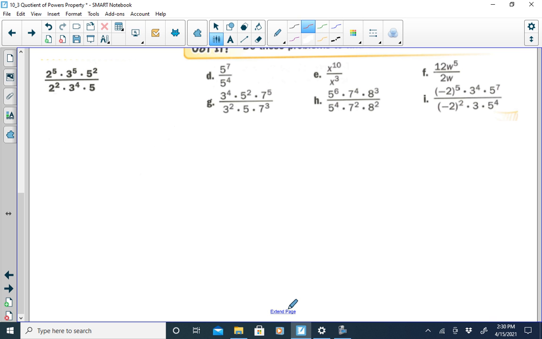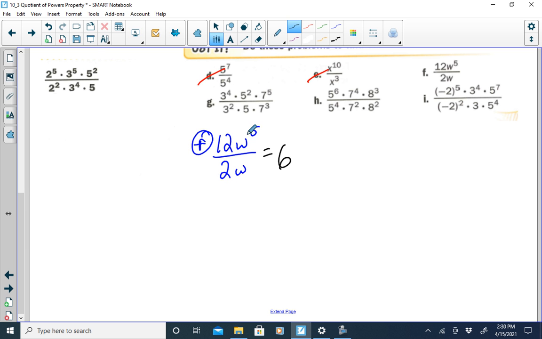We've done problems like D and E, so they're pretty easy, but let's look at F. F's a little bit more interesting. I'll recopy it down here, letter F. We have 12 times W to the 5th, and we're dividing that by 2 times W. Well, the coefficients, we're going to take care of them first. 12 divided by 2 is going to give us 6.